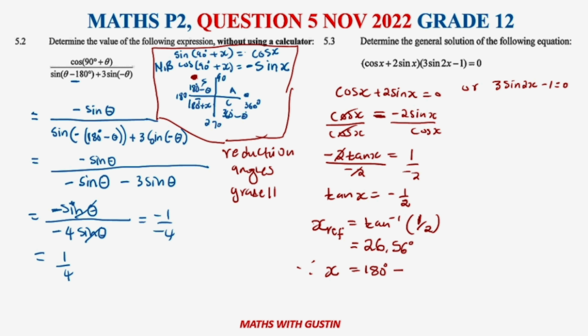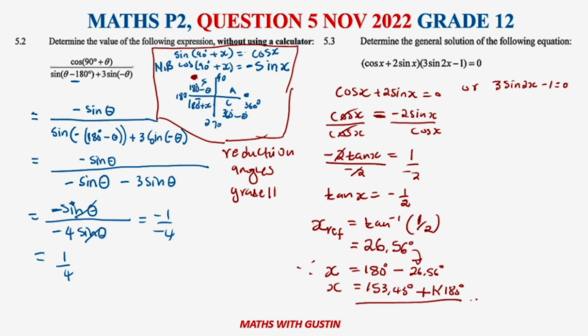So 180 minus 26.56 gives us 153.43 degrees, plus k times 180 for the tan.